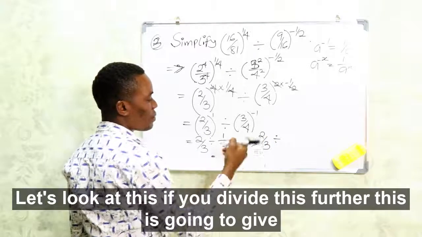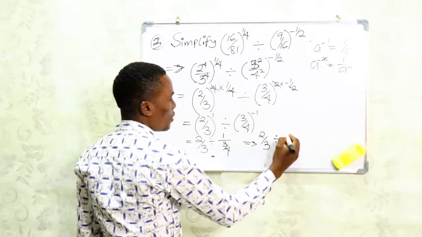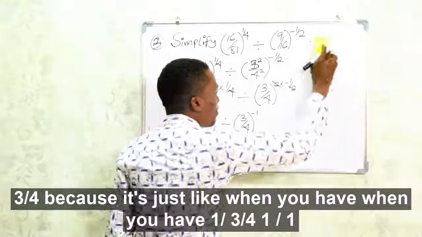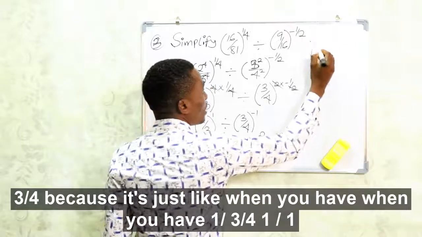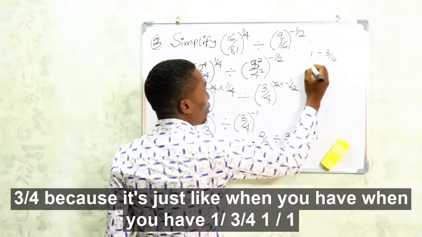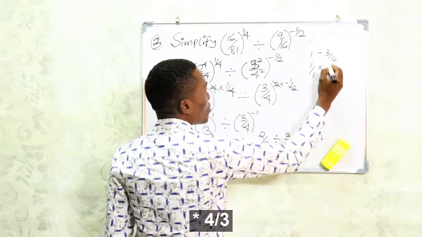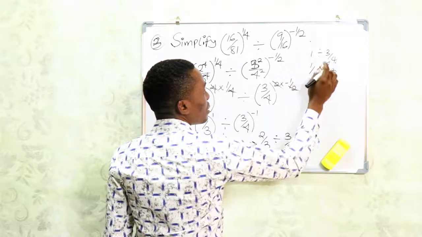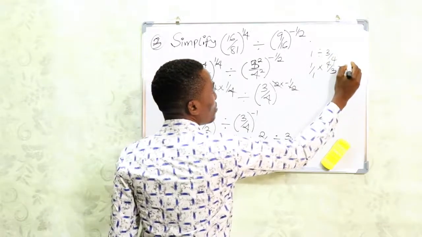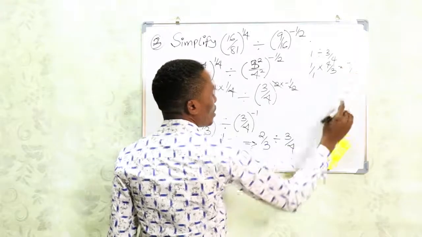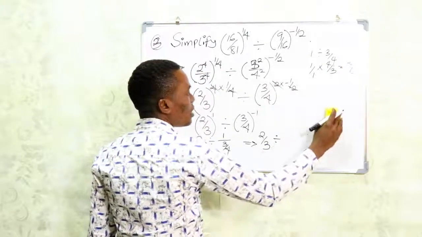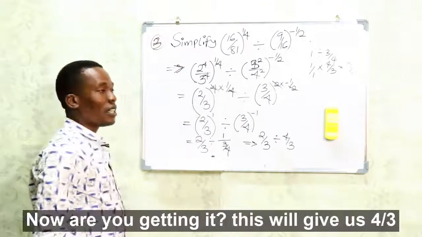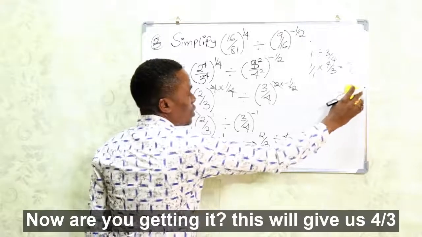If you divide this further, this is going to give you 3 over 4, because it's just like when you have 1 divided by 3 over 4. You have 1 divided by 1 times what? Times 4 over 3, right? That's what it will give you. So this will give you 4 over 3, right? Now, are you getting it? Now, this will give us 4 over 3.